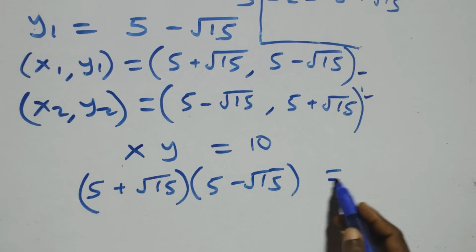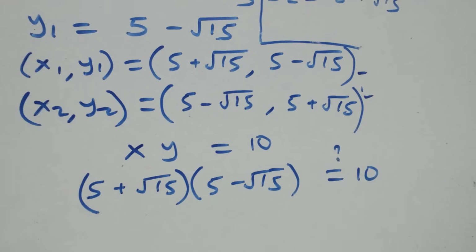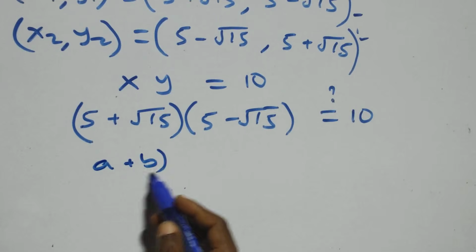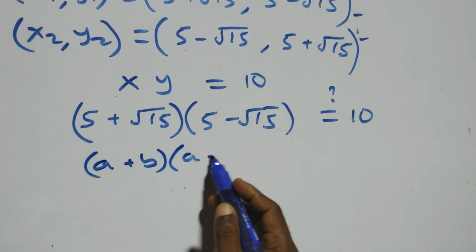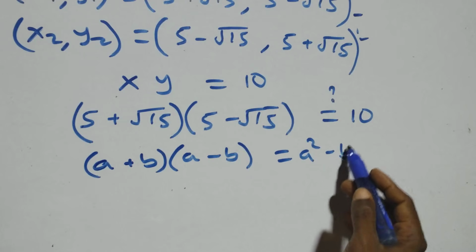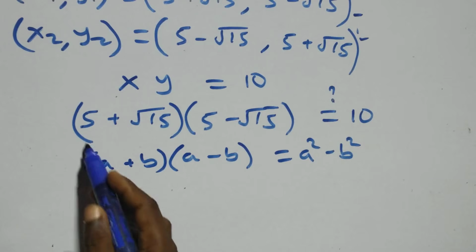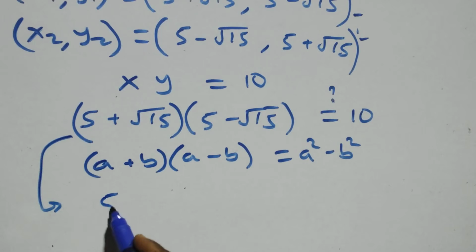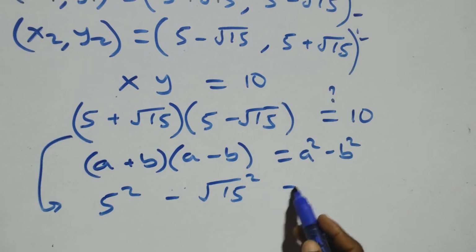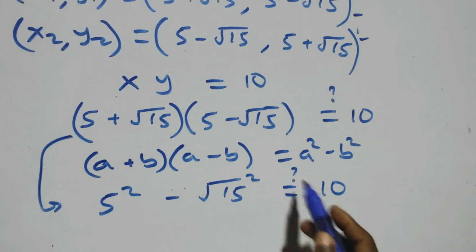Is it equal to 10 on this side? Then this follows when we have (a plus b) times (a minus b), which can be written as a squared minus b squared. This can be written as 5 squared minus root 15 squared, which is equal to 10 on this side.